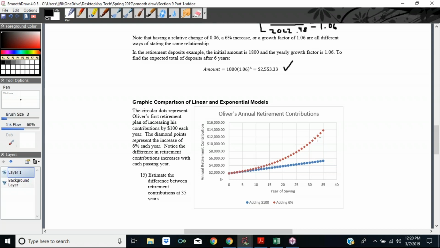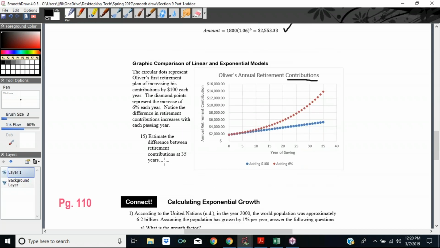This isn't the amount in the retirement account, this is the amount of the contributions. So in year 30, Oliver would be contributing about $4,500 with the linear model, increasing by $100 every year, and about $10,000 in the exponential model.